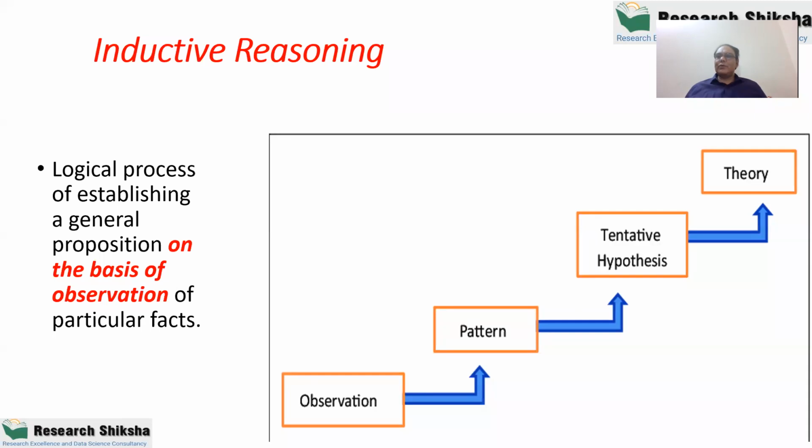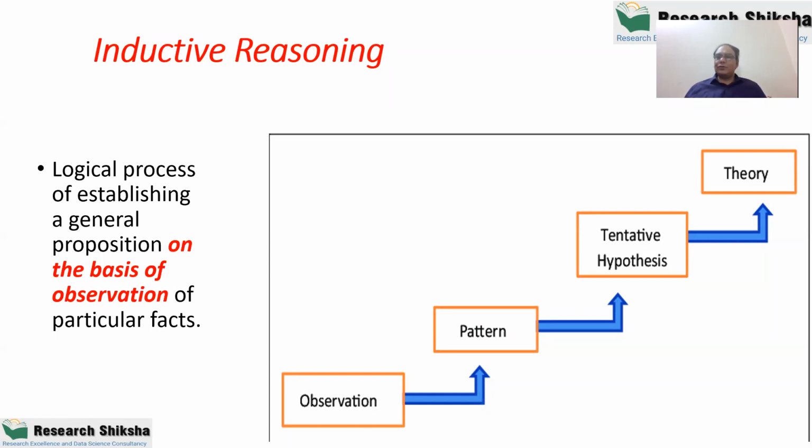Now, if we relate deductive and inductive research with exploratory, descriptive, and causal, the descriptive and causal are influenced by the deductive approach, and exploratory research and qualitative research are based on the inductive approach.